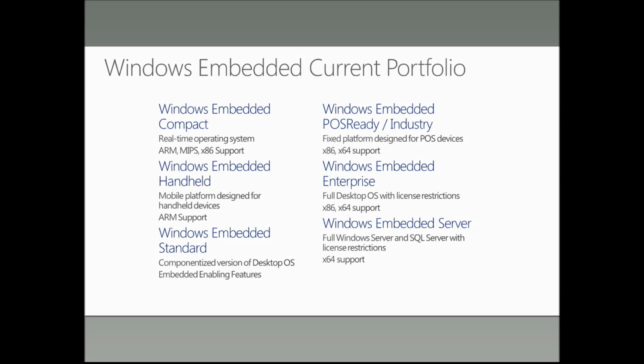In addition to Windows Embedded Servers, we also have one little exception to that portfolio of operating systems. It's a server application. It's SQL Server. Again, for embedded rights, for embedded usage, for specialized usage, SQL Server is available through the Windows Embedded channel. Next slide, please.